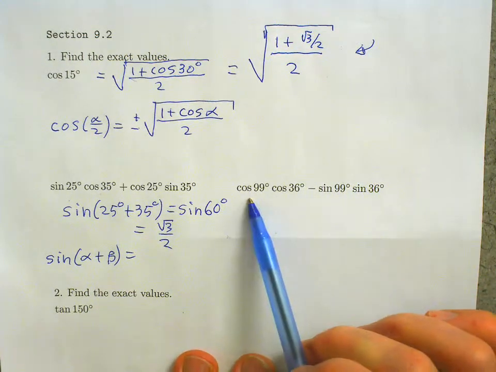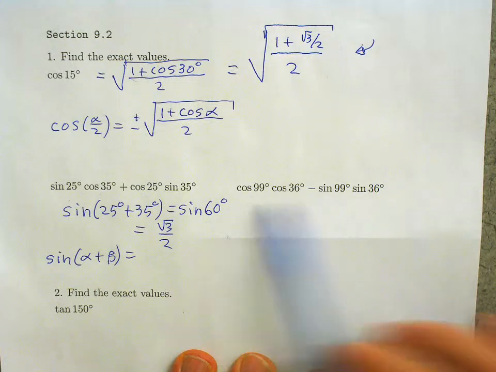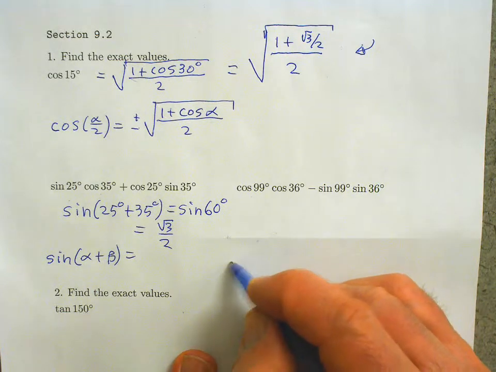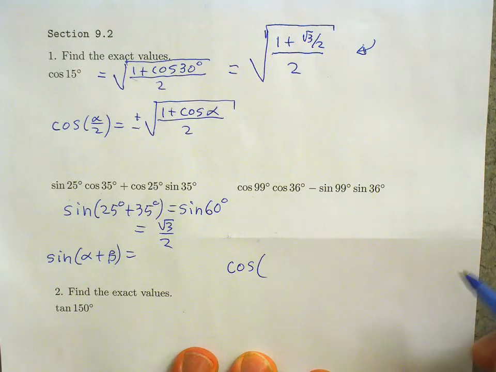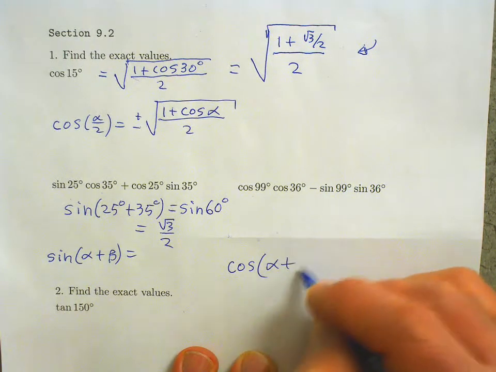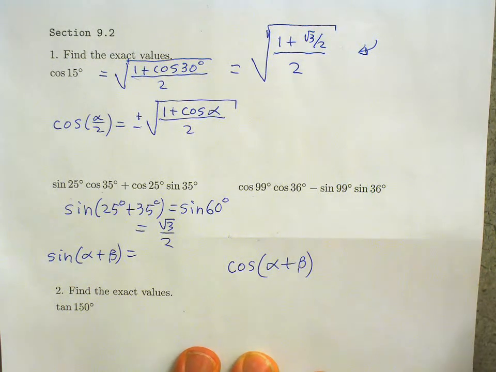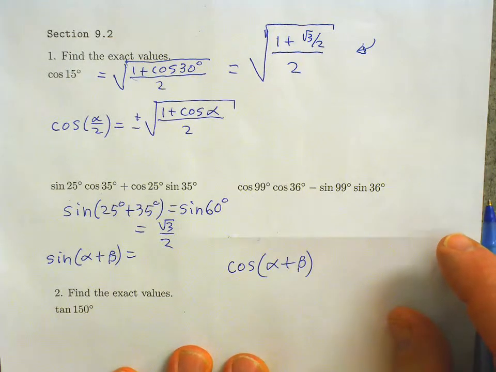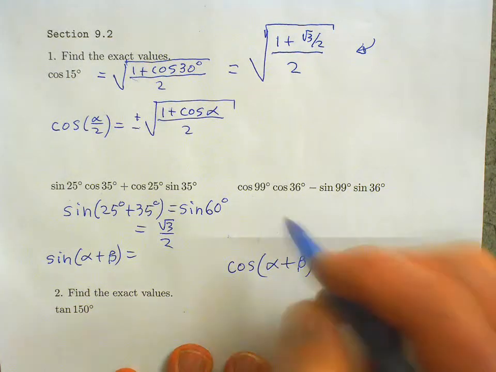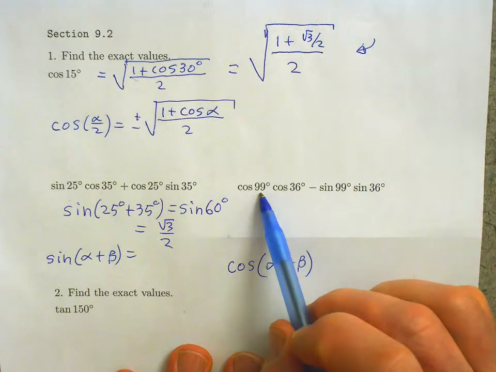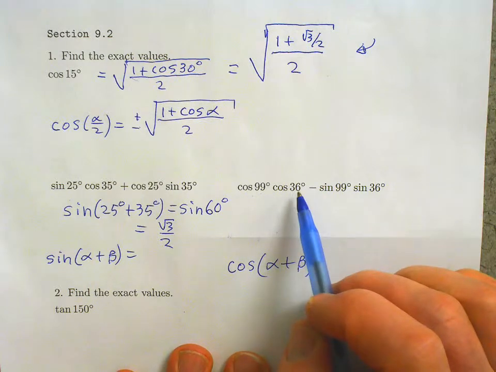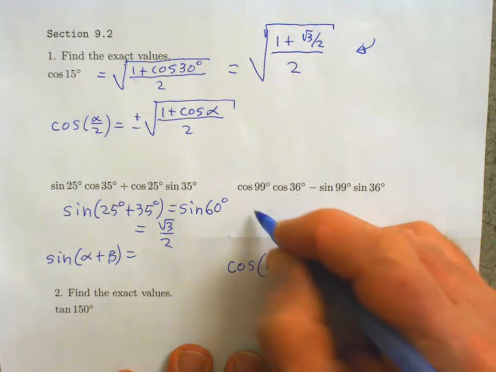And we also recognize this as coming from the formula cosine of alpha plus beta. So alpha is 99 and beta is 36.